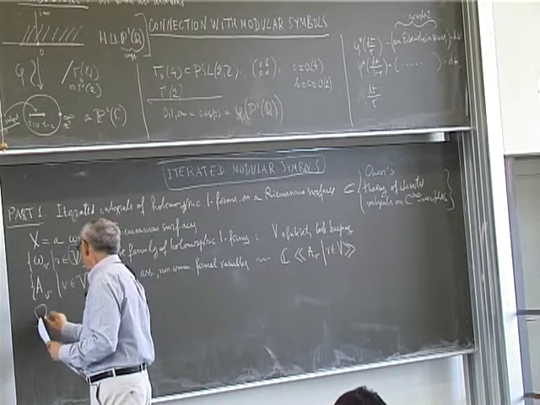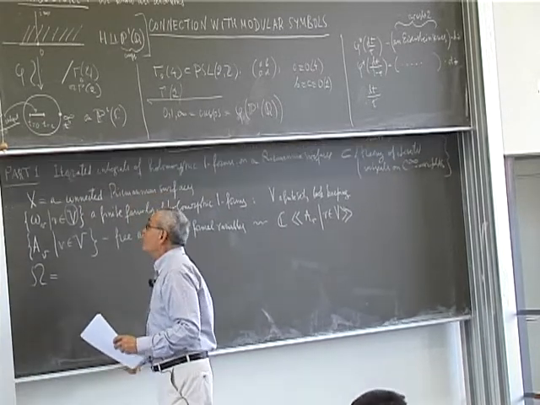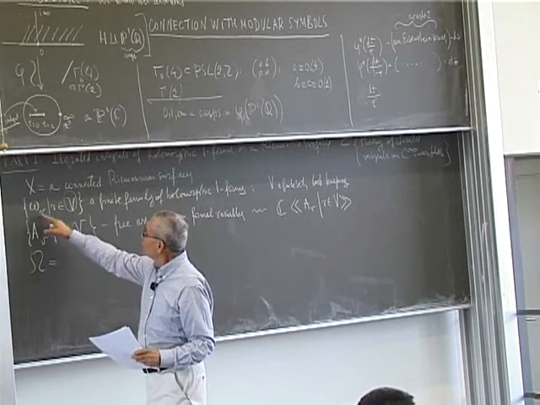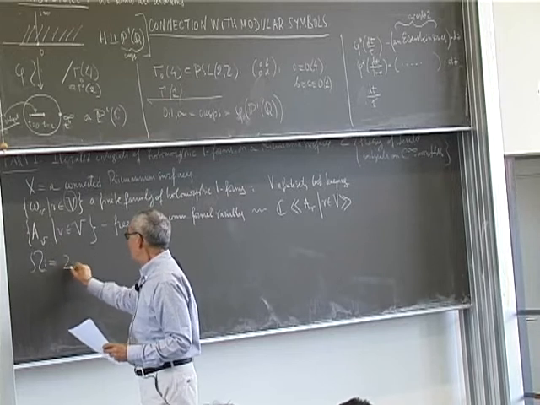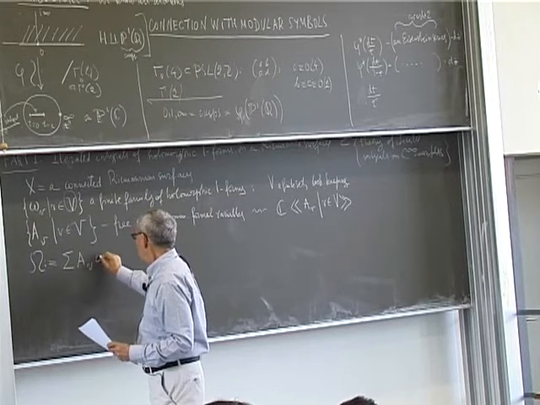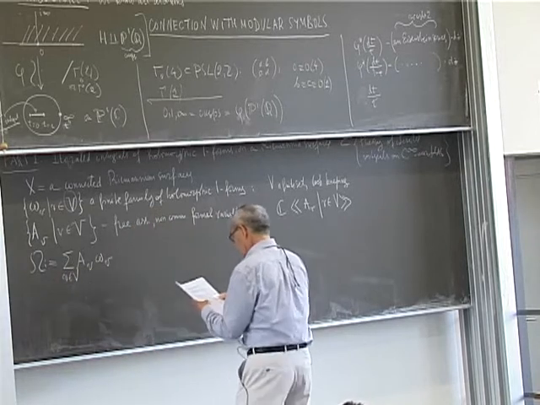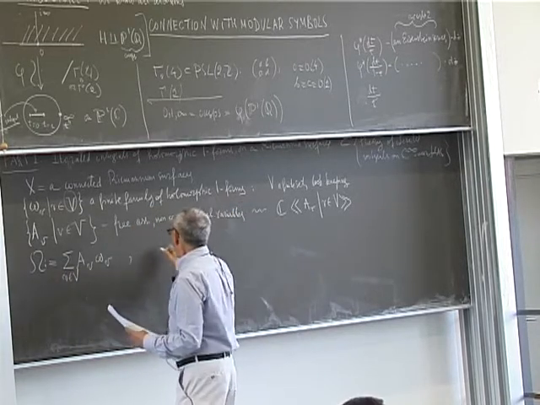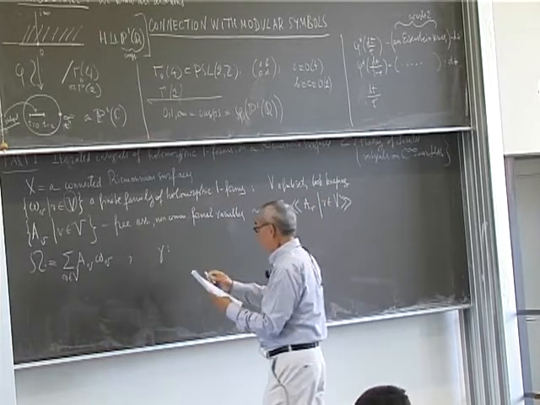So I will start with producing just one form, so to speak, the generic form spanned by these omega v's. And I will choose an integration path.